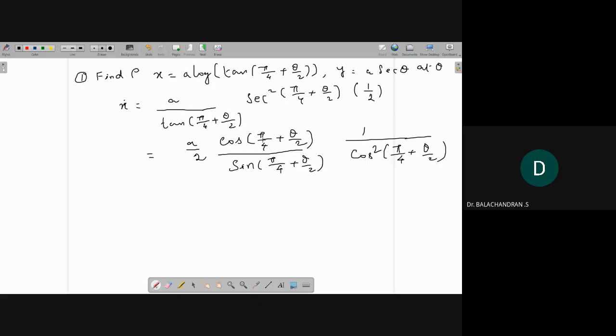So if you simplify, in the numerator we have a. In the denominator, if you cancel this, you have 2 sine a cos b form: 2 sine of pi by 4 plus theta by 2 cos of pi by 4 plus theta by 2.